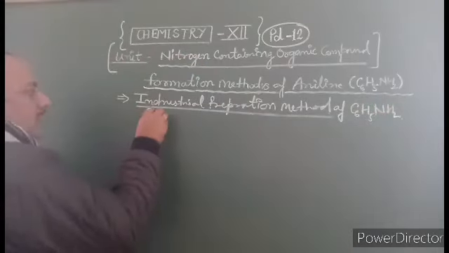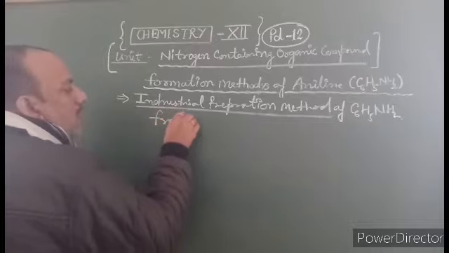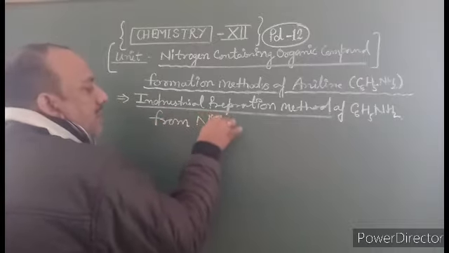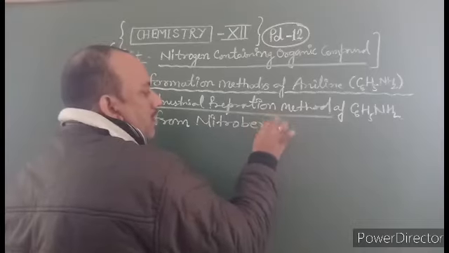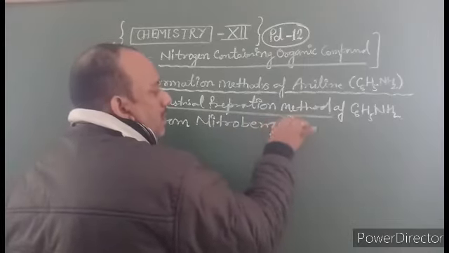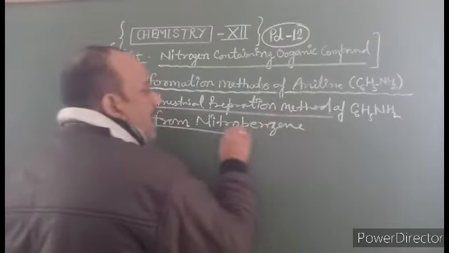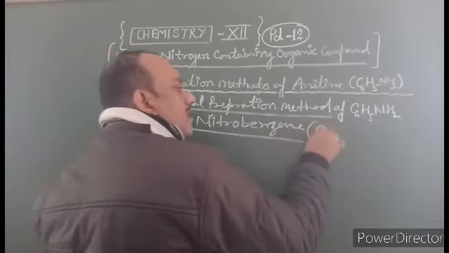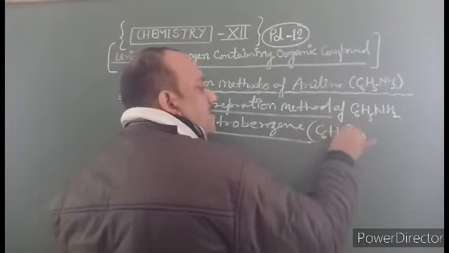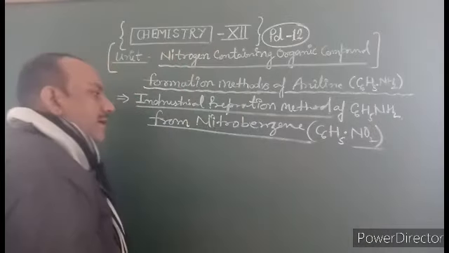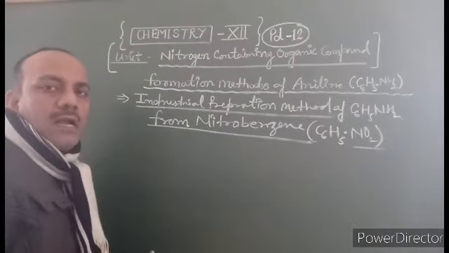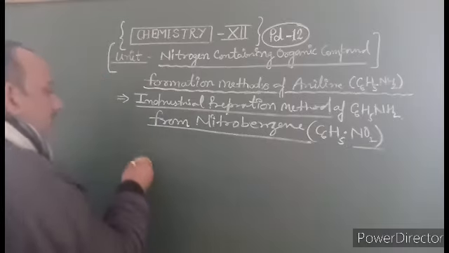It is also known as the method from nitrobenzene. The formula of nitrobenzene is C6H5NO2. It reacts with iron and hydrochloric acid.